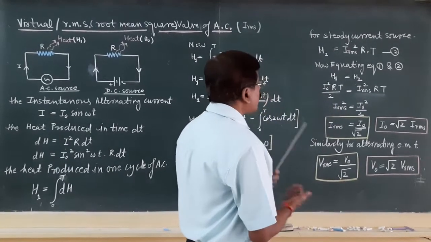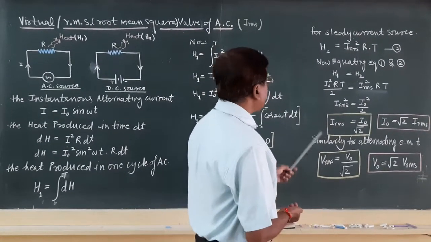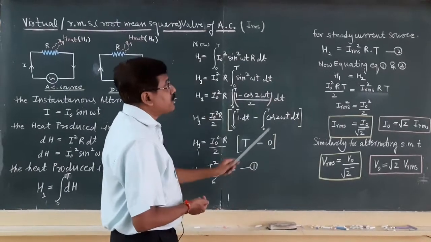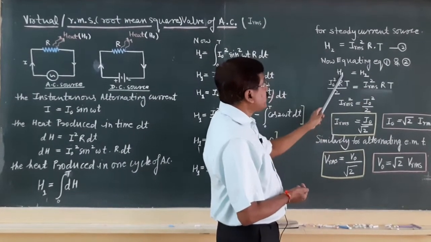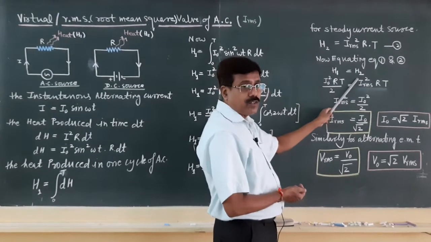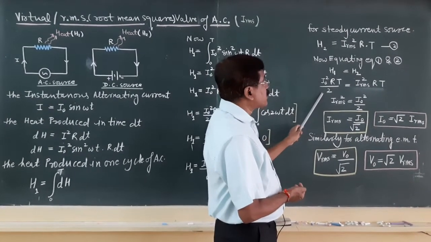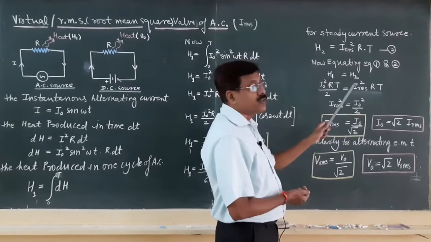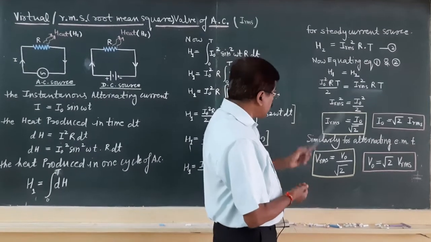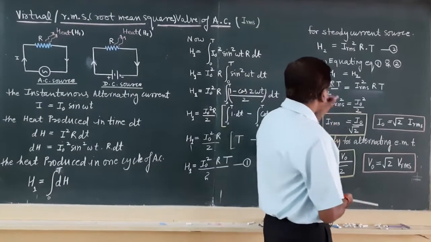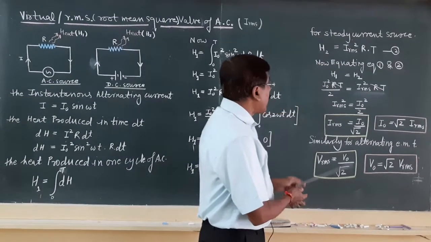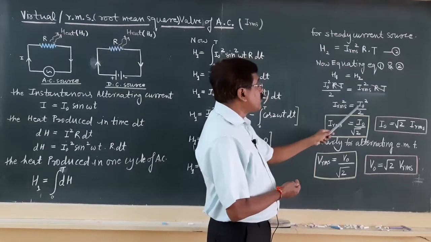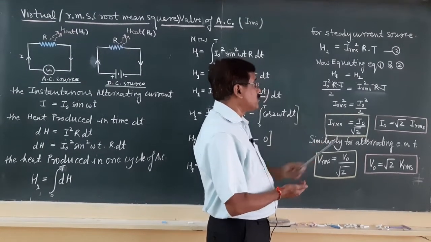Now, according to the concept, we have to equate equation 1 and equation 2. So when you equate them, H1 is equal to H2, H1 when the AC source is connected, H2 when the DC source is connected. When you simplify, R and T cancel out, then I RMS square is equal to I0 square by 2.